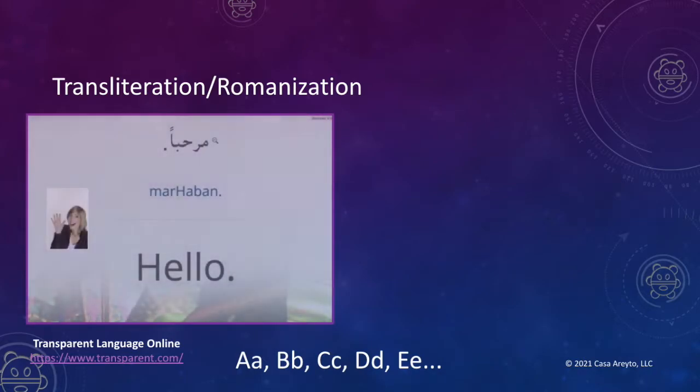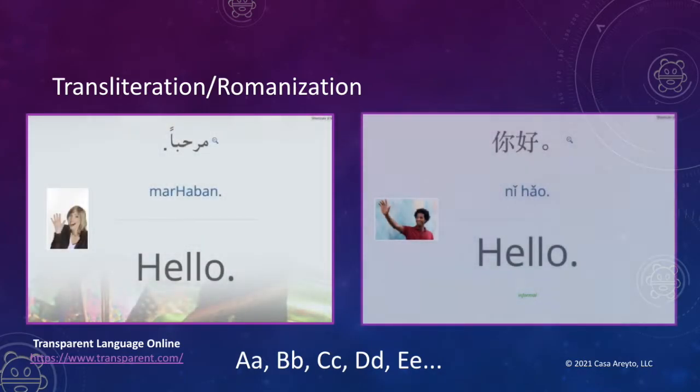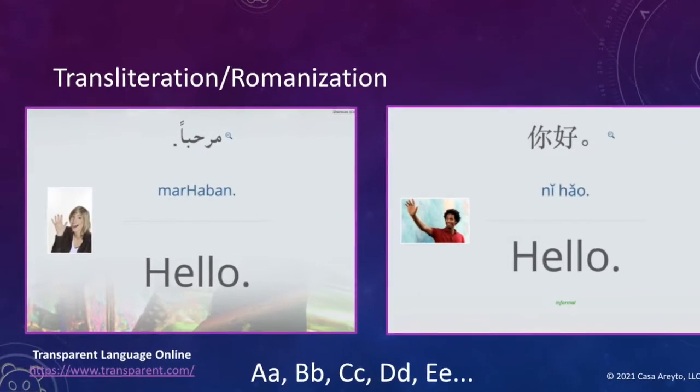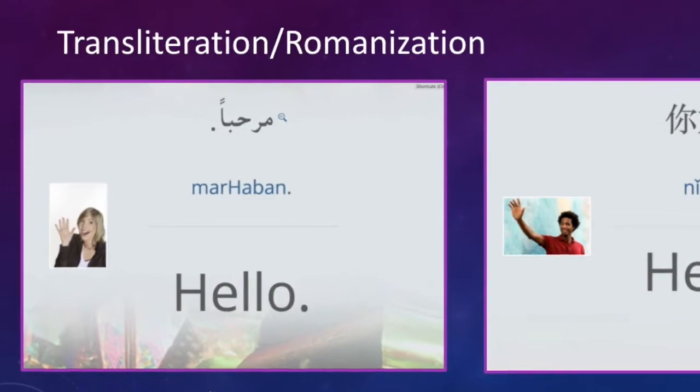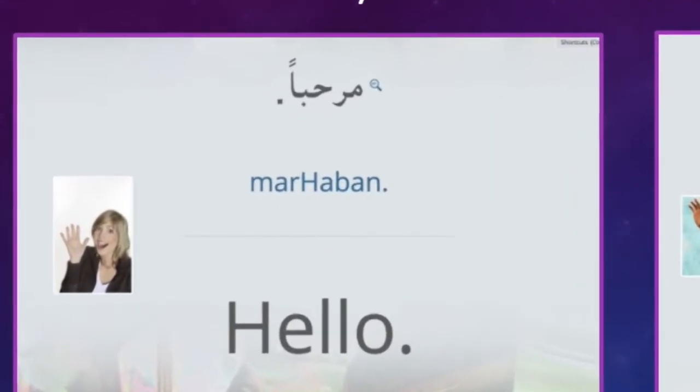That is a system that tells you which of the characters or script's letters correspond to our Roman letters, our ABCs. So on the screen you will see a couple of examples, one in Arabic and one in Mandarin Chinese. I know that hello in Arabic is marhaban because I can see the transliteration or romanization.